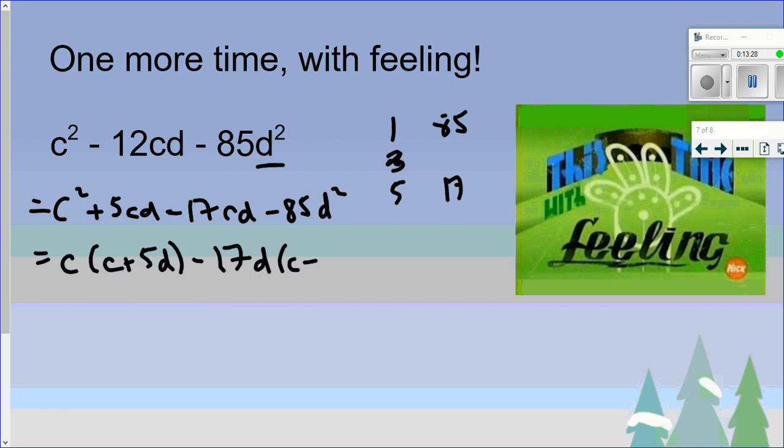Otherwise, I won't create my second term. As you get better at this, you will recognize the conditions with which you can factor, because a lot of you probably could have guessed that there was a D in there. But with this being the first time through, I wanted to teach you the proper way of doing it.